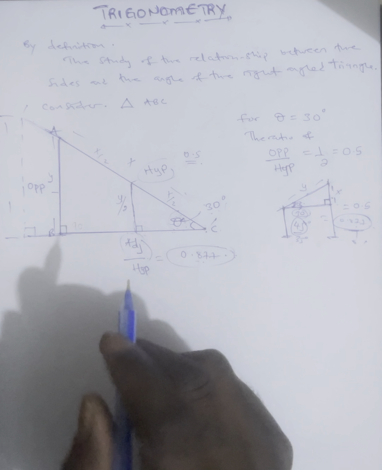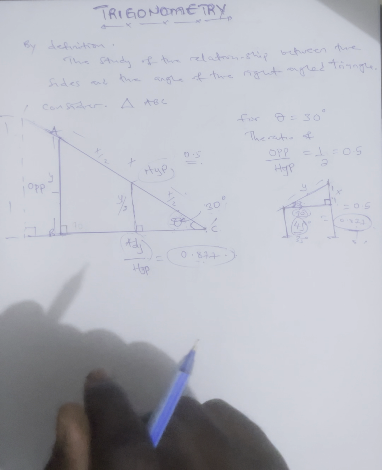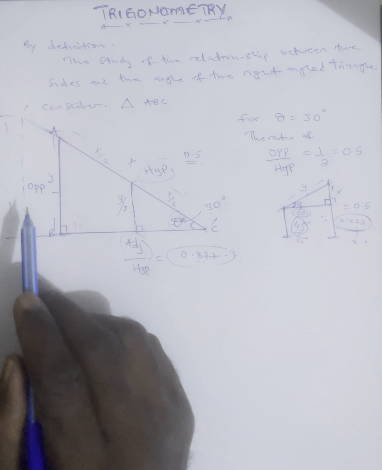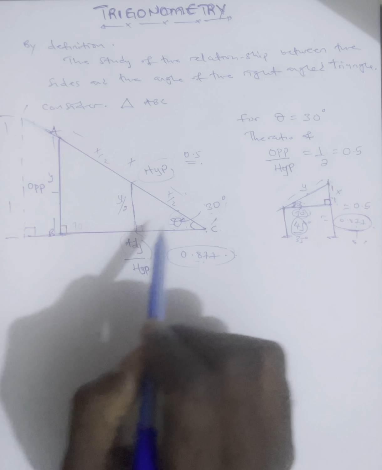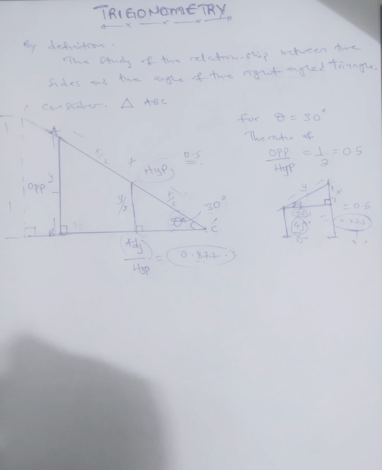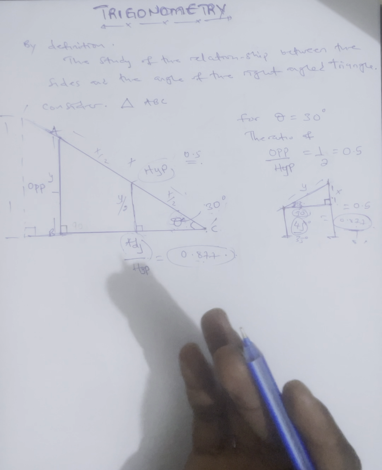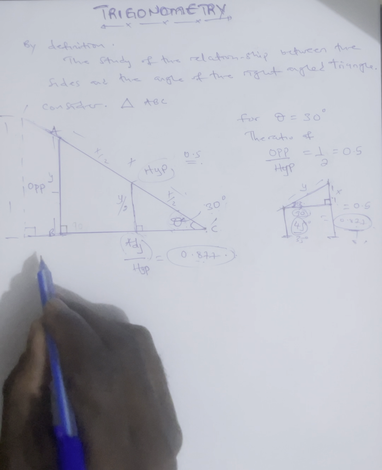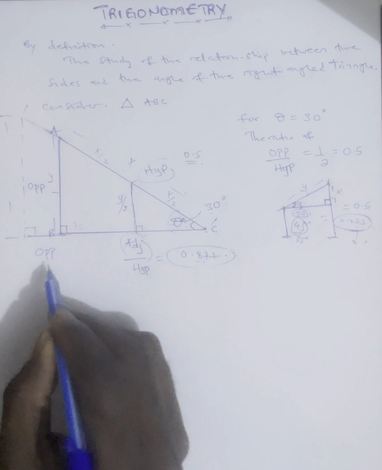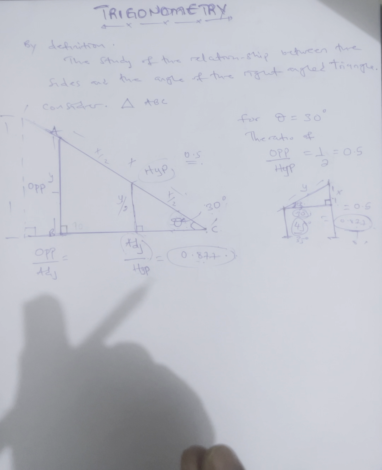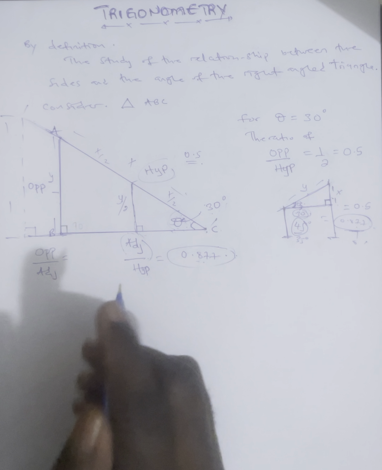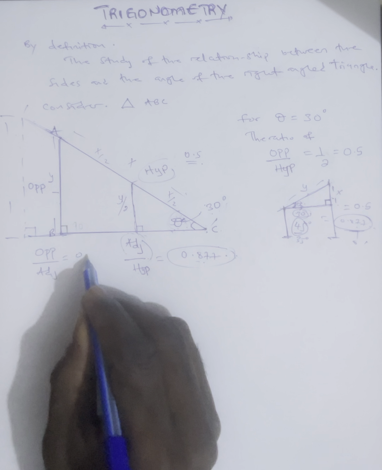I'm sure till here, the last concept is that the opposite to adjacent side will also have a constant ratio for the same angle. If the ratio is 0.1442, it will be 0.1442 for whatever this triangle.